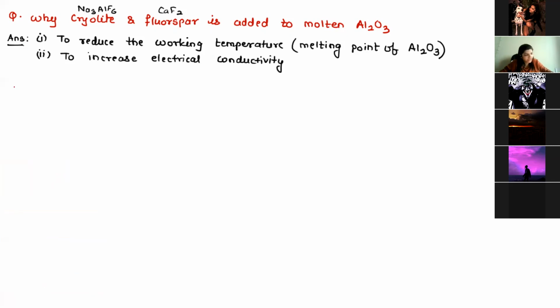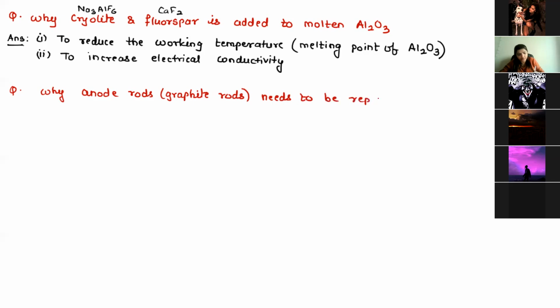Second question which they can ask is why anode rods, that is graphite rods, need to be replaced periodically.